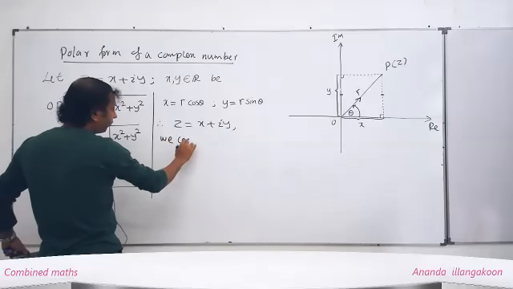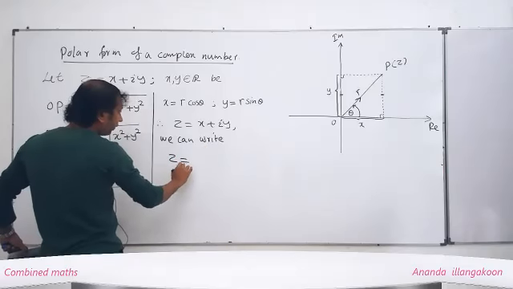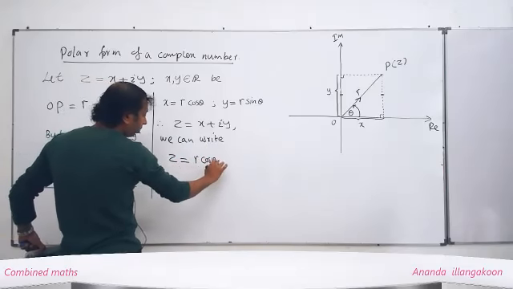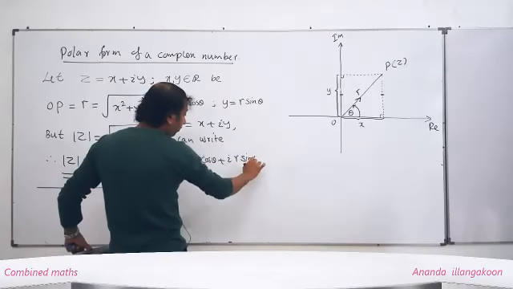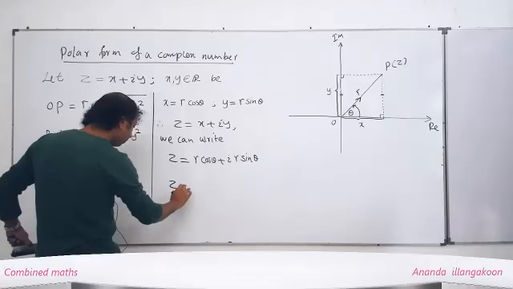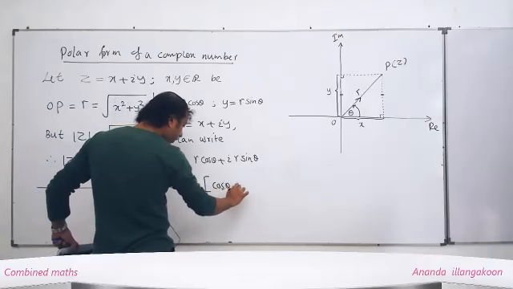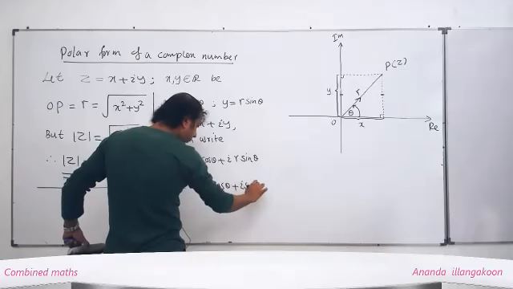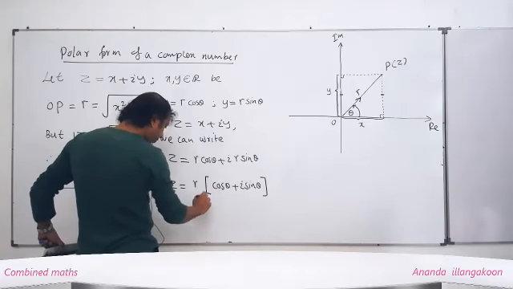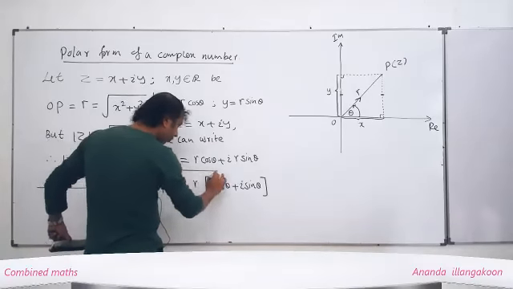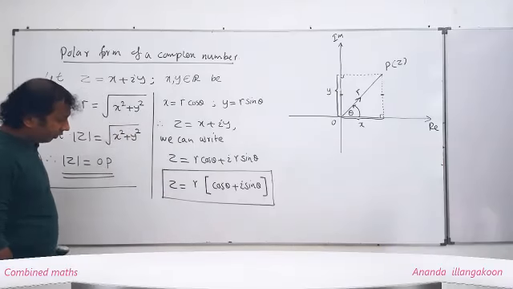We can write x is r cos theta plus i times y is r sin theta. Take r out: r times cos theta plus i sin theta.